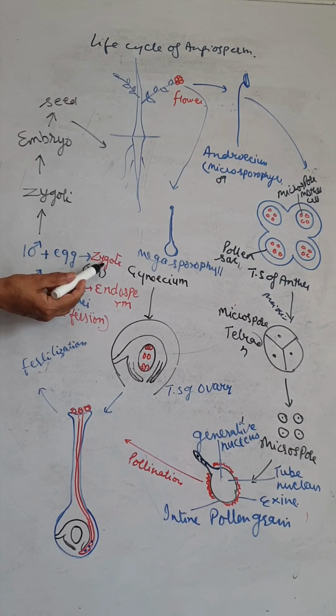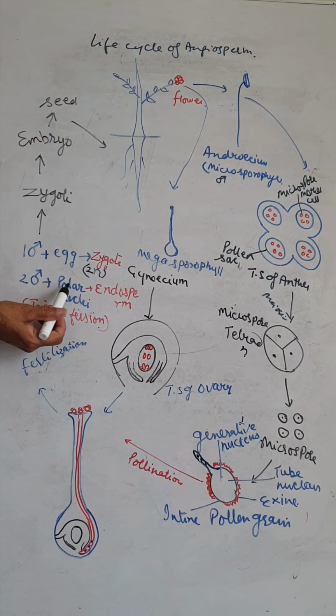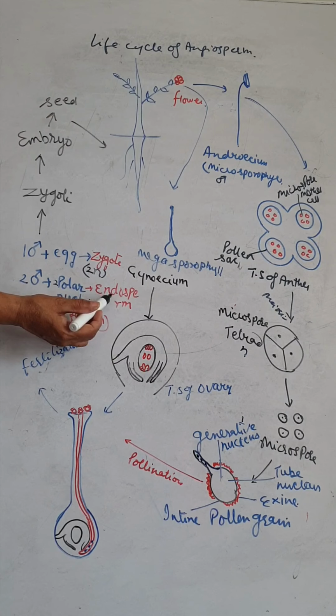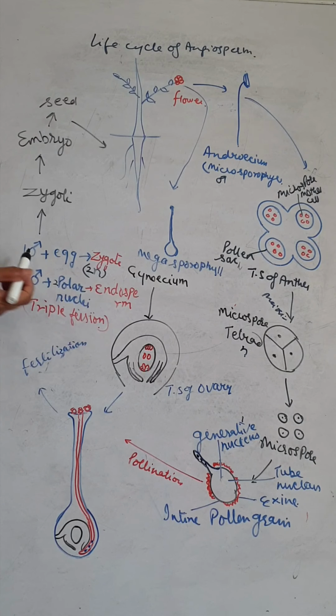This process is called fertilization. In fertilization, male and female fuse to form the zygote, and the other male fuses with the polar nuclei. One and two polar nuclei are there. This is triple fusion, because three nuclei are involved, and the product forms the endosperm, the nutritive tissue.